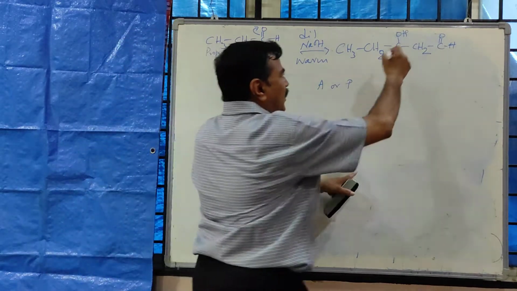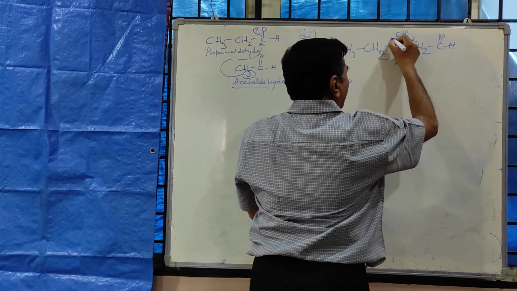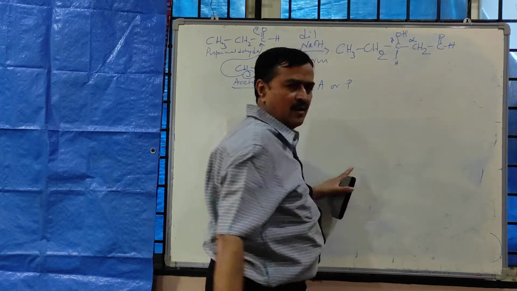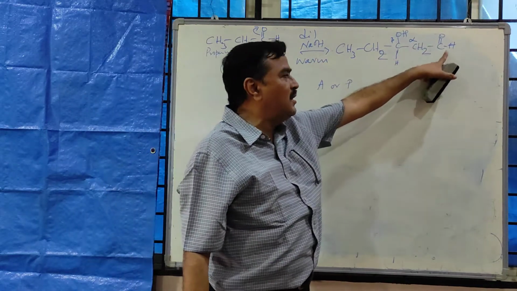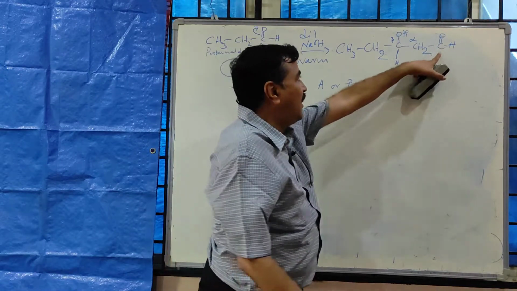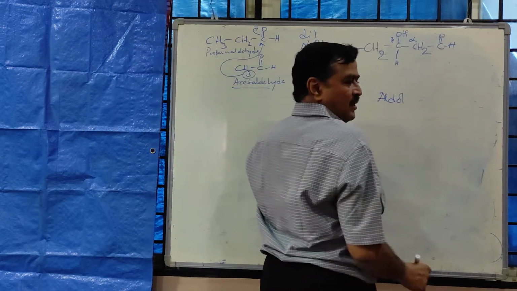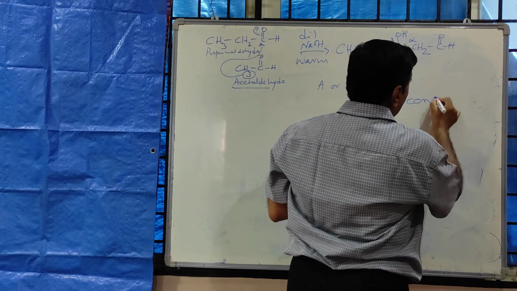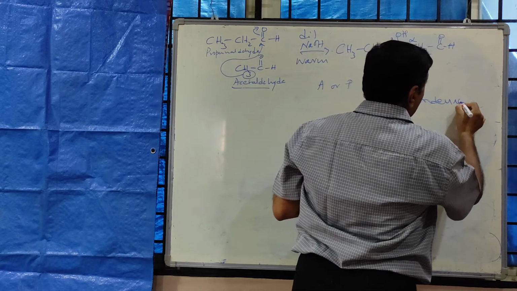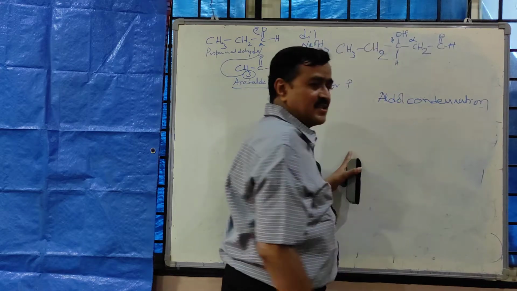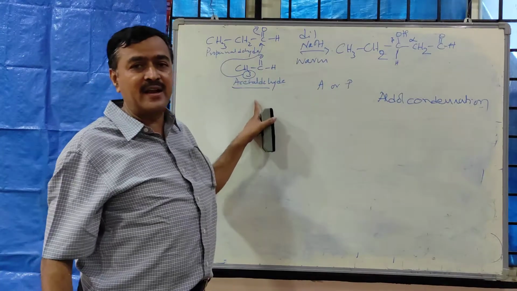It is a beta hydroxy aldehyde, and this is alcohol and aldehyde. Aldehyde plus alcohol is aldol. This is also an aldol type of condensation. Is it the same condensation as we saw in the case of acetaldehyde?